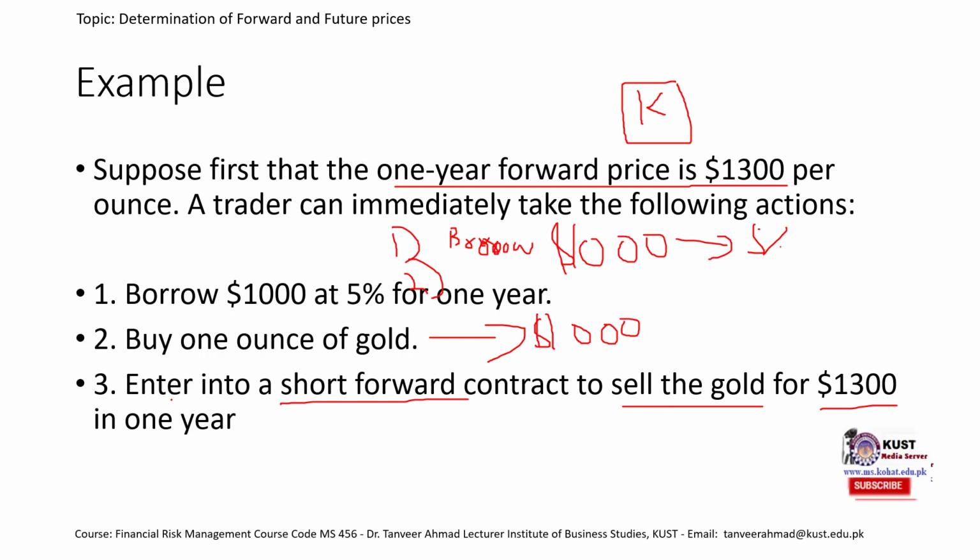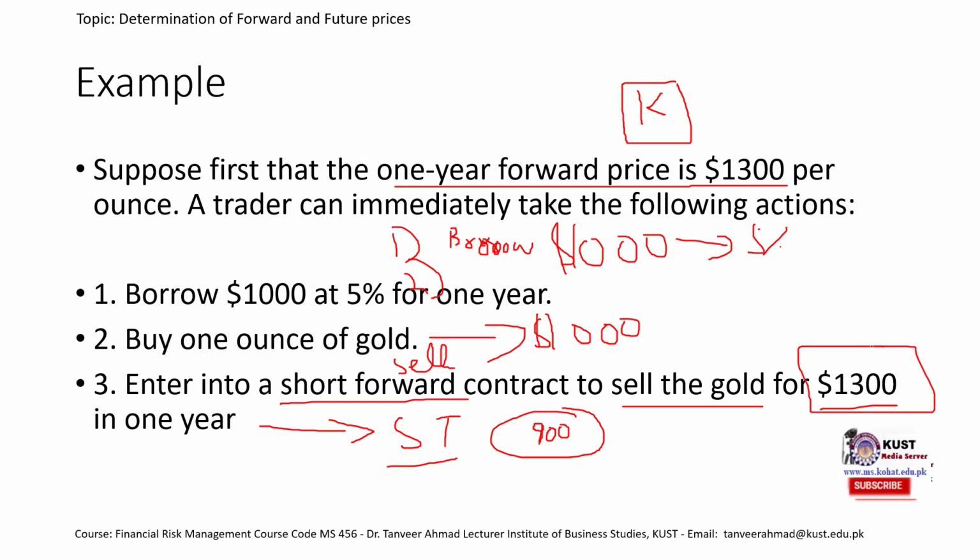Once the investor enters into a short forward contract, then no matter what the price is in the market at the time of expiration, so let's say at the time of expiration the price in the market is 900, it won't matter to the investor, because he has already entered into a short forward contract, and remember, a short forward contract is the contract to sell an asset. So in this case, he would sell the asset after 1 year at $1,300.